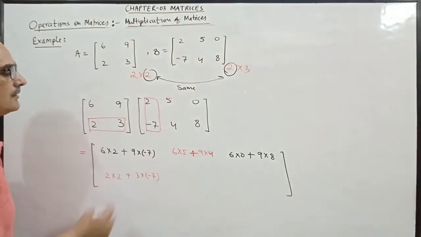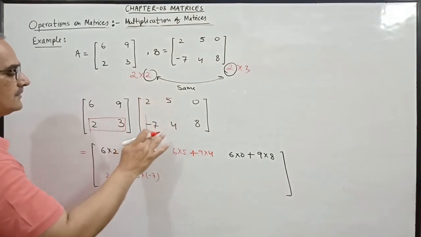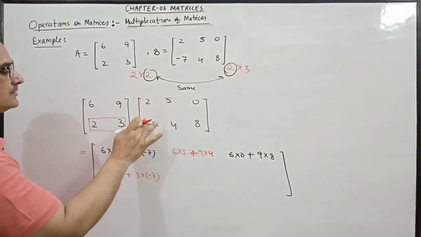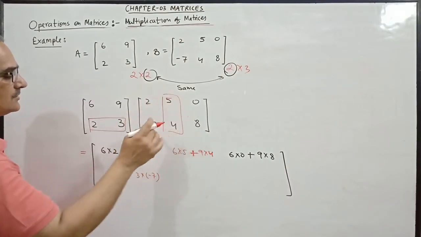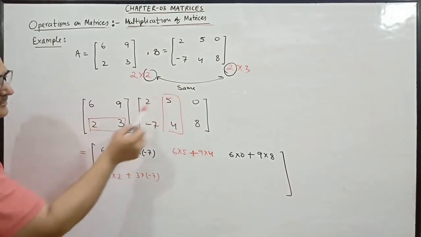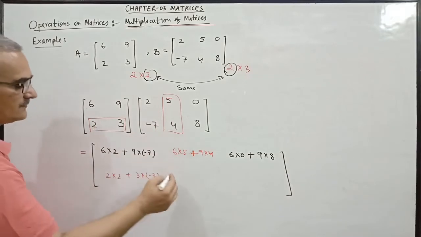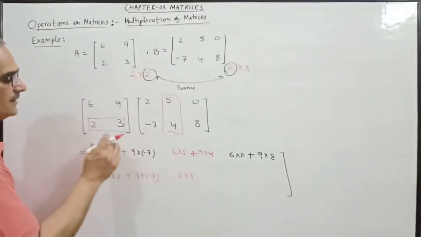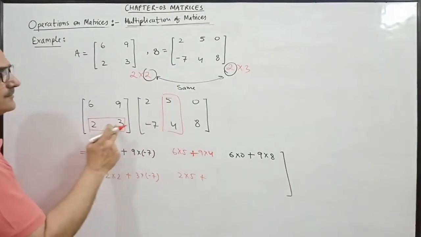Now we move further to column number 2. Second row, second column: 2 into 5 plus 3 into 4.